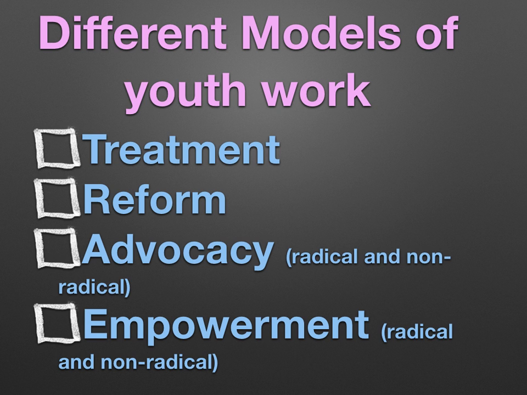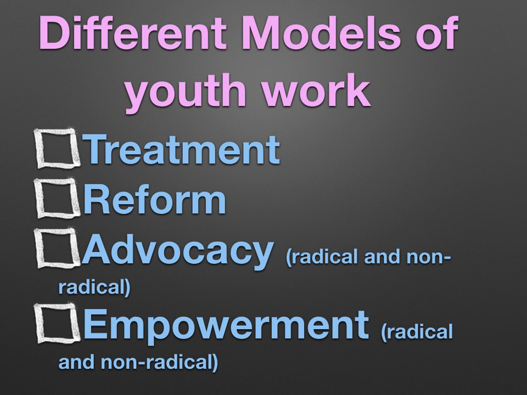Next, we want to look at models of youth work, and this comes from work developed by Cooper and White. This was started in the 1990s, and these models are still the models that are recognised today. So we're looking at treatment, reform, advocacy and empowerment as models of youth work.